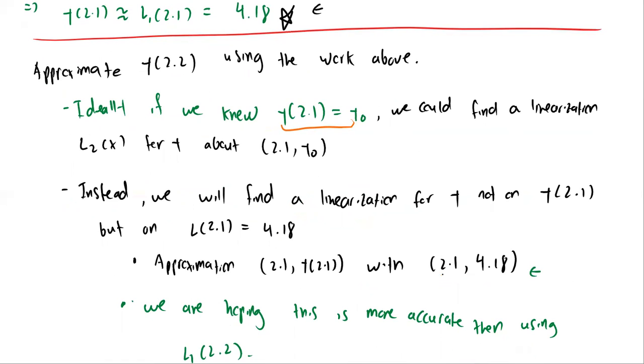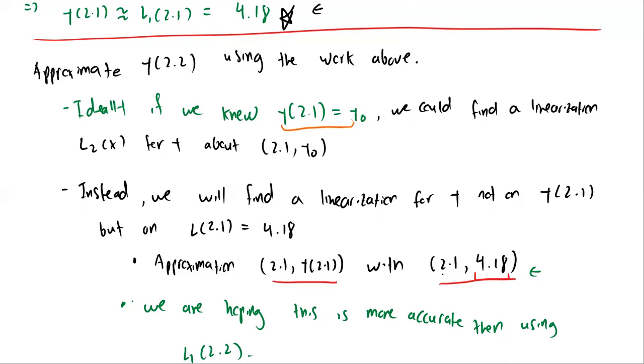This is an approximation because this point probably doesn't lie on y. The 4.18 is not the y coordinate, it's an approximation to y of 2.1. So instead of using the point (2.1, y of 2.1), which we don't know, we use the point (2.1, 4.18).